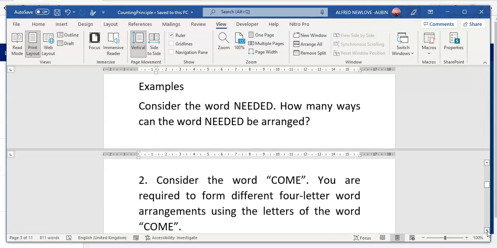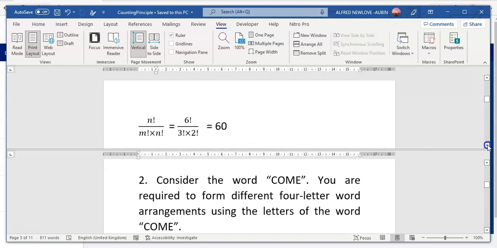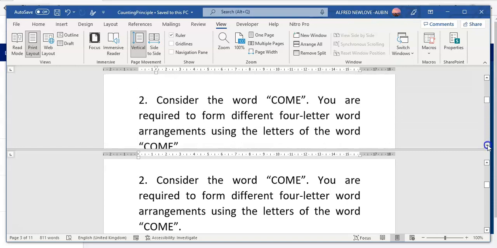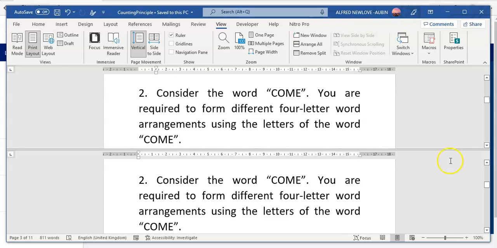Okay, let's look at another one. We are still on the same rule. Let me put the question at the top here. Consider the word come. You are required to form different 4 letter word arrangements using the letters of the word come.